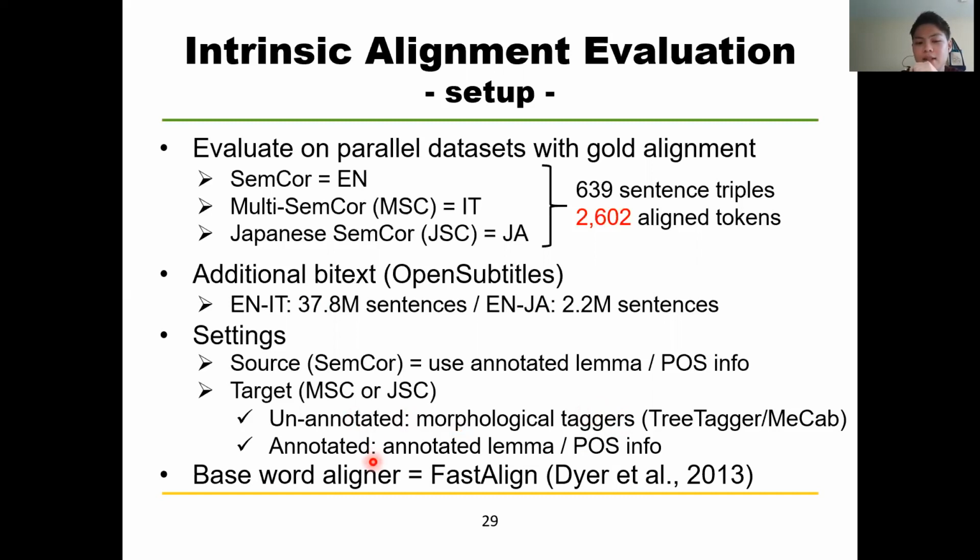In the other setting, which is the annotated setting, we keep using the annotated information like on the source side. This setting emulates the ideal setting where we have parallel test datasets for all languages. And as the base word aligner, we employ FastAlign, which is one of the most popular alignment tools in the NLP field.